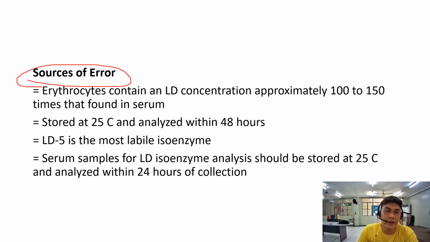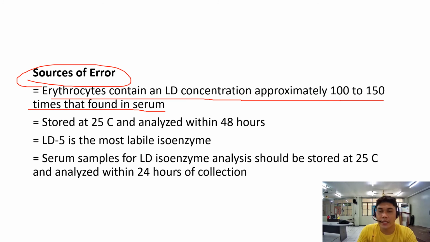Next, sources of error. Erythrocytes contain an LD concentration approximately 100 to 150 times that found in serum. That's why you need to avoid hemolyzed specimens, okay? You need to avoid hemolysis because hemolysis greatly affects your lactate dehydrogenase concentration, okay? Stored at 25 degrees Celsius or room temp and analyzed within 48 hours.